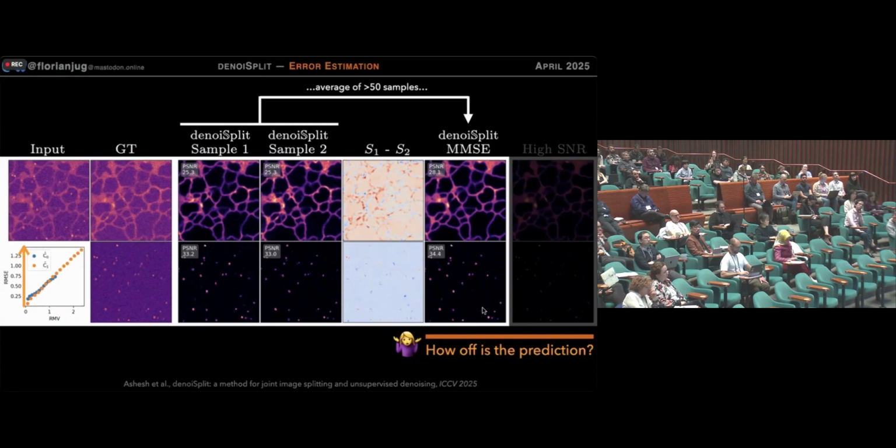And now we proposed the following way out. We asked, what's the variability of a pixel over these 50 samples we averaged to this MMSE result? And we can plot this on the x-axis. And what you see here is that the inter-sample variability scales linearly with the true error, which you usually cannot assess, right?